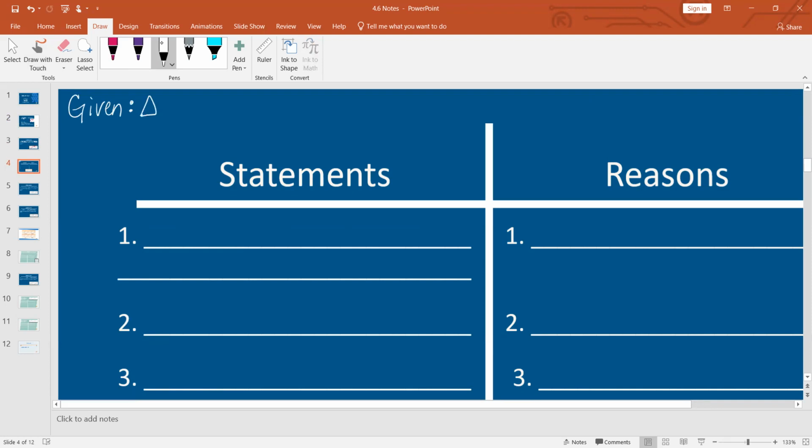We're told that triangle ABC and triangle DEF are right triangles, and they've told us that AC is congruent to DF, and BC is congruent to EF.